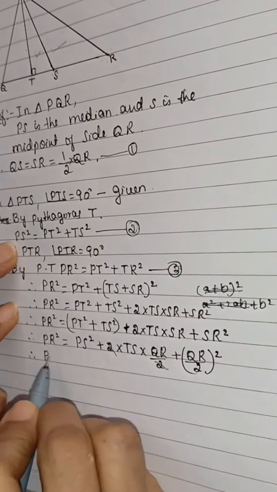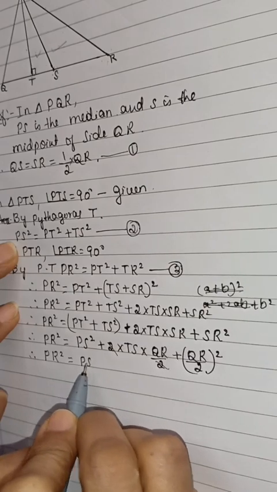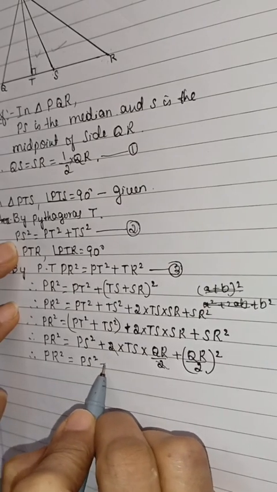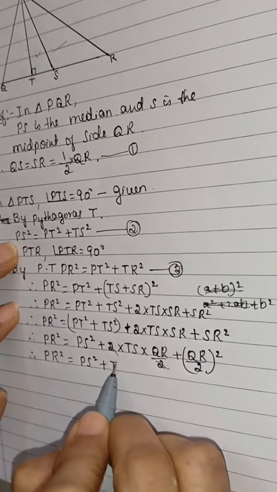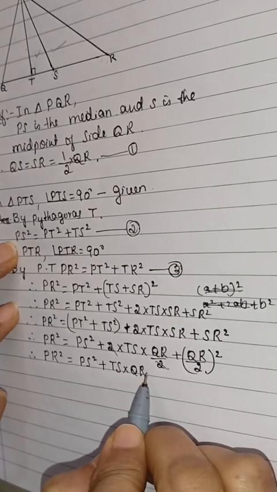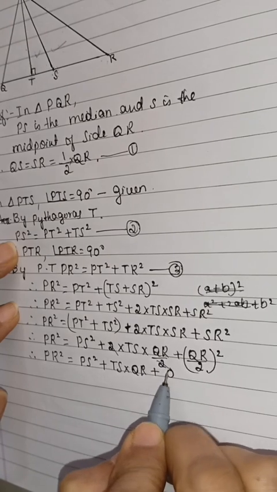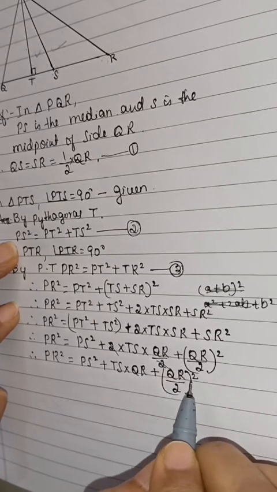Therefore, PR square equal to PS square plus TS into QR plus QR by 2 whole square.